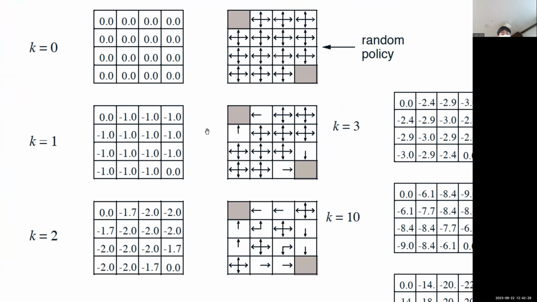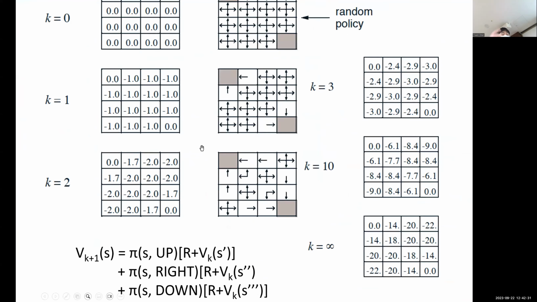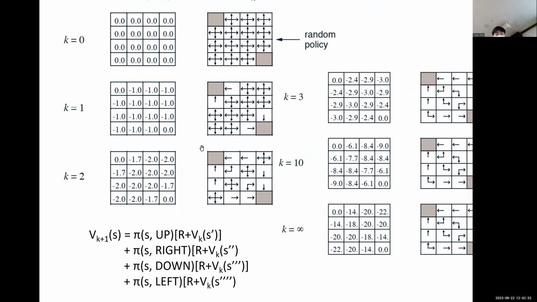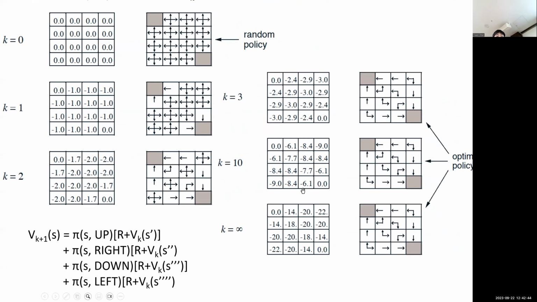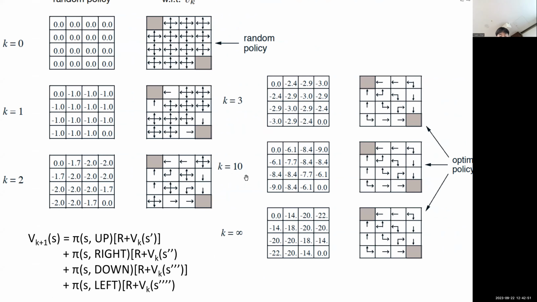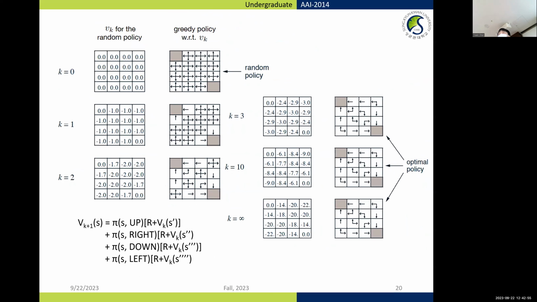So this is how this algorithm works, right? You just continuously update this process and update the policy. Then eventually you reach the converged result. So this is what this algorithm is about. Okay, so any questions?